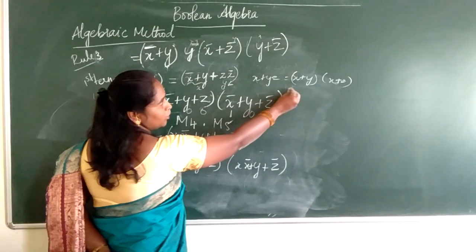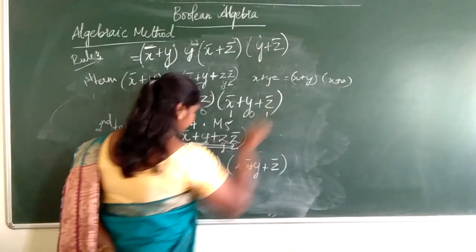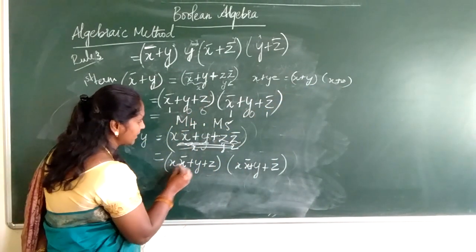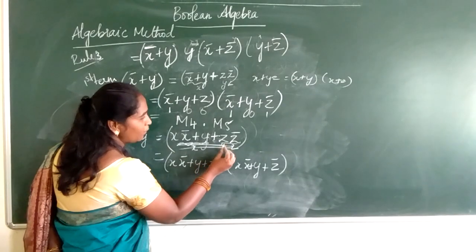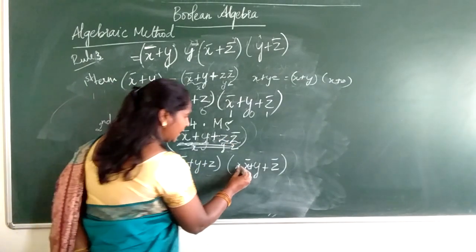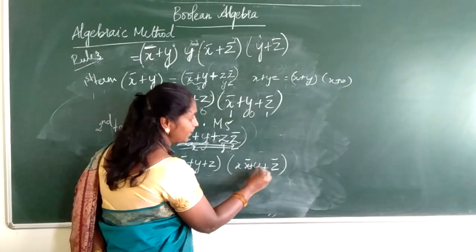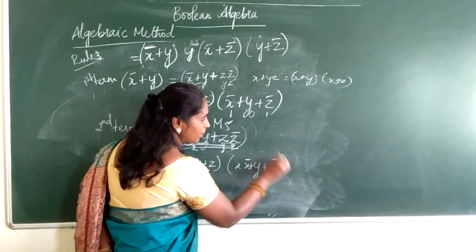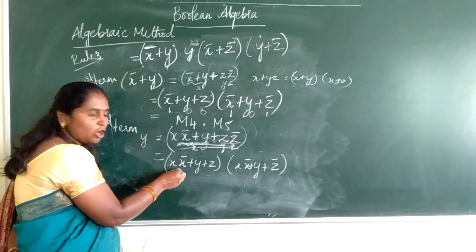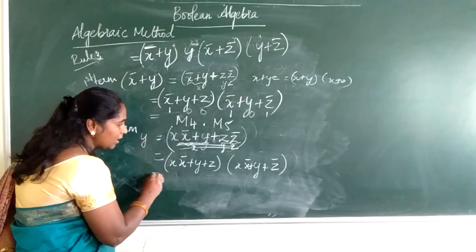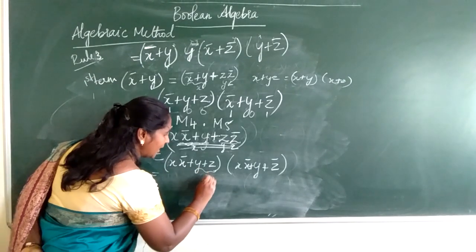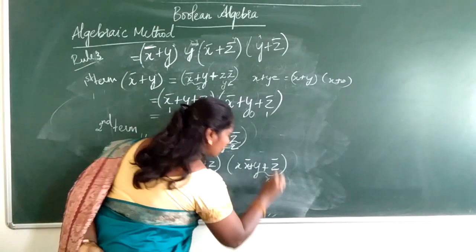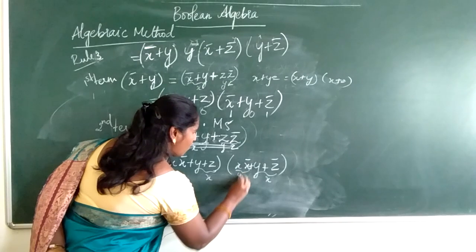So according to the distributive law, x plus y into x plus z. So x is nothing but x bar plus y, y is nothing but my z. Here x is nothing but x bar plus y, and z is nothing but my z bar. Again this is not in a proper POS form. Now you consider this is my x and this is my yz.